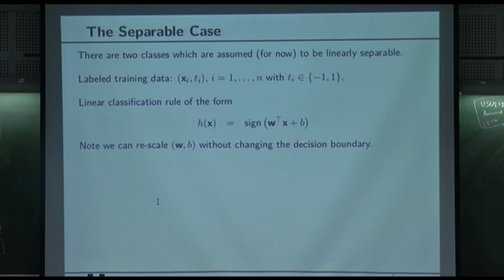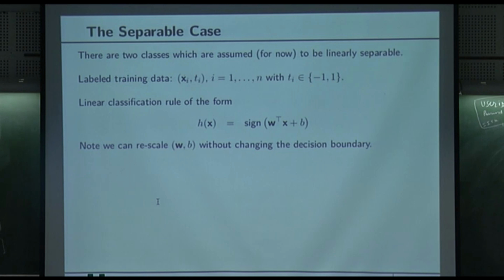Now one thing to keep in mind is that if I rescale W and b, if I multiply W by some number, let's make it twice W and b also twice b, it's not going to make any difference to this sign operator. So I can rescale things so that my boundary doesn't change.